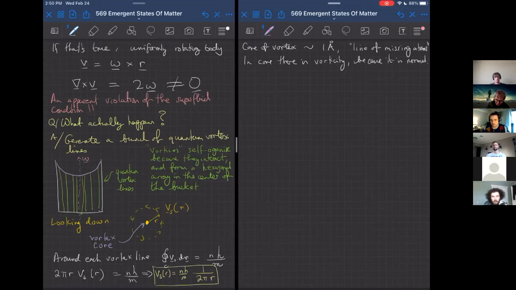So the next question that we want to ask is, that's one quantum vortex line, but we know that this thing simulates solid body rotation. So the question is, how roughly speaking can an array of vortices simulate solid body rotation?